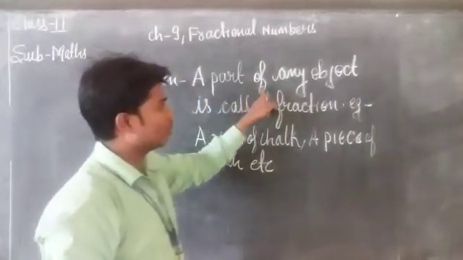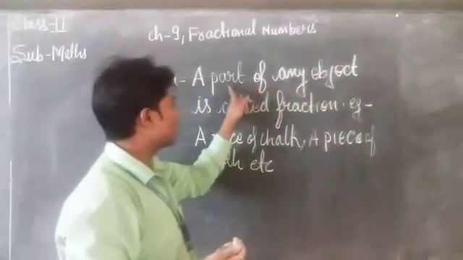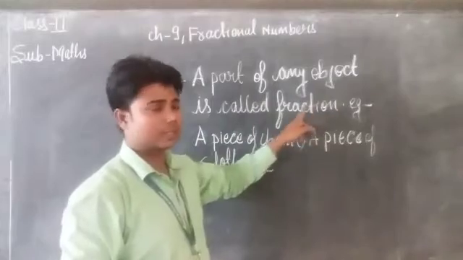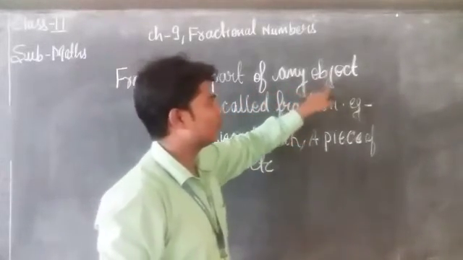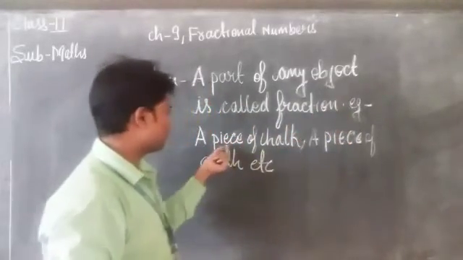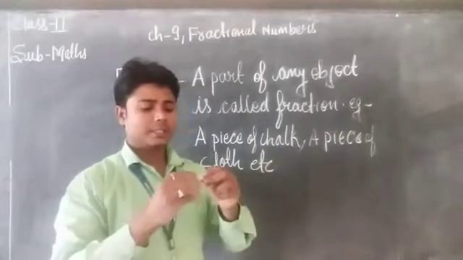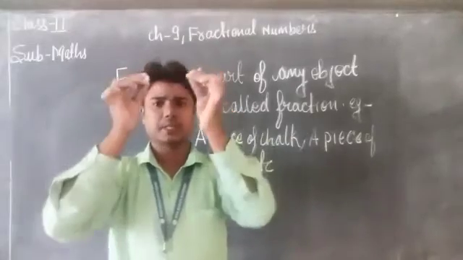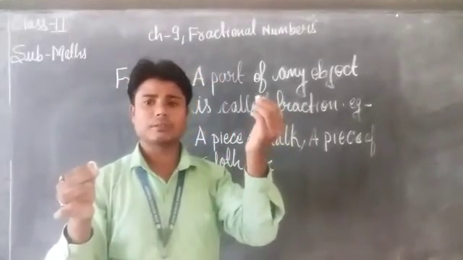So, what is fraction? A part of any object, or we can say things, is called fraction. Example, a piece of chalk. When this chalk is broken and divided into two parts, each part is called fraction.